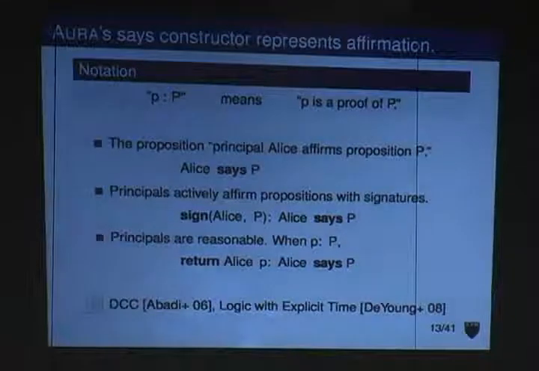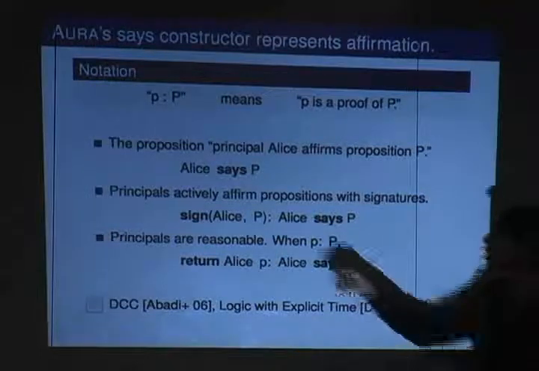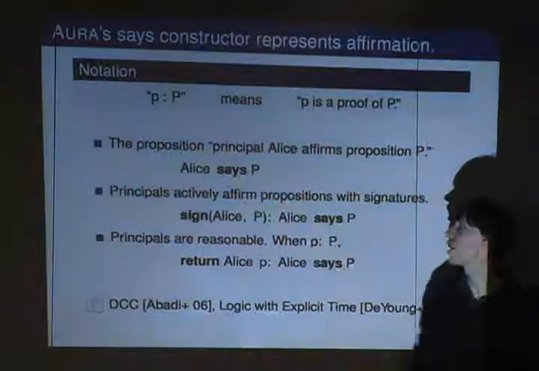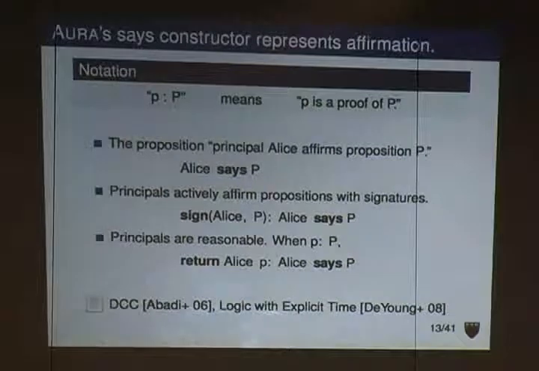So let's look at how to talk about policy in just a little bit more depth in Aura, talk about formal rules. So as we saw in the example, we have a constructor in our policy logic called says. And here, when you write Alice says P, this is the proposition which means Alice affirms that she believes P. And there's two fundamental ways to prove that that holds.